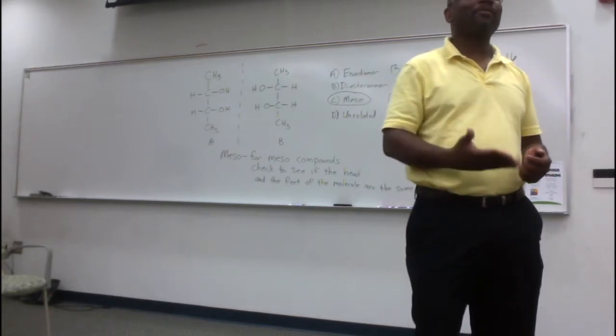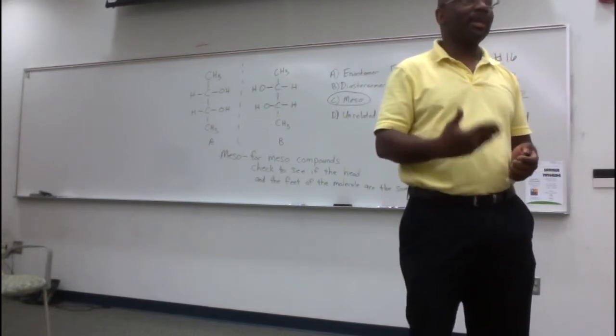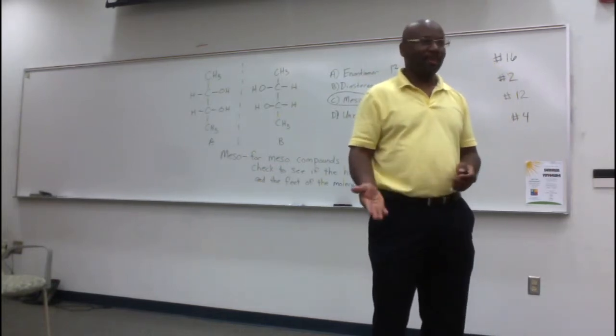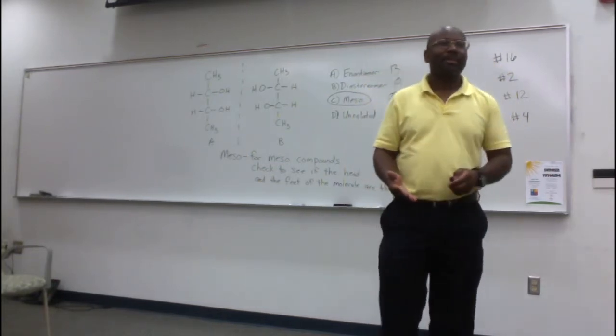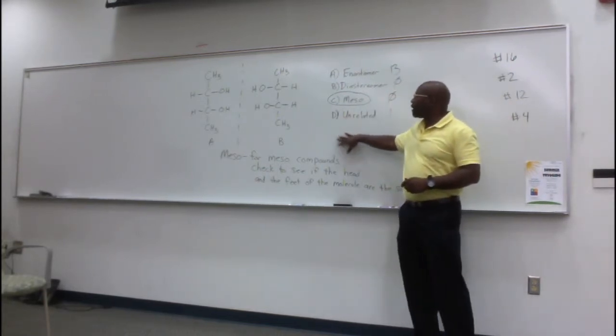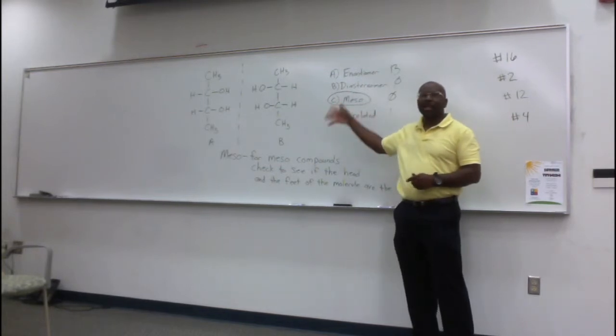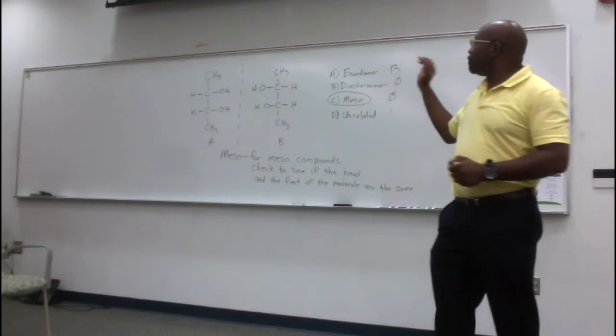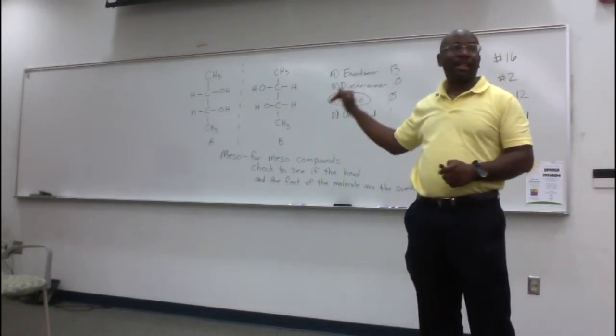And then we had the definition for meso, which is a stereoisomer that has an identical mirror image. There are two mirror images in one. With the meso there will be an enantiomer and also a meso, both will have mirror images. The difference between the meso versus the enantiomer is that the meso will have the head and feet being the same.